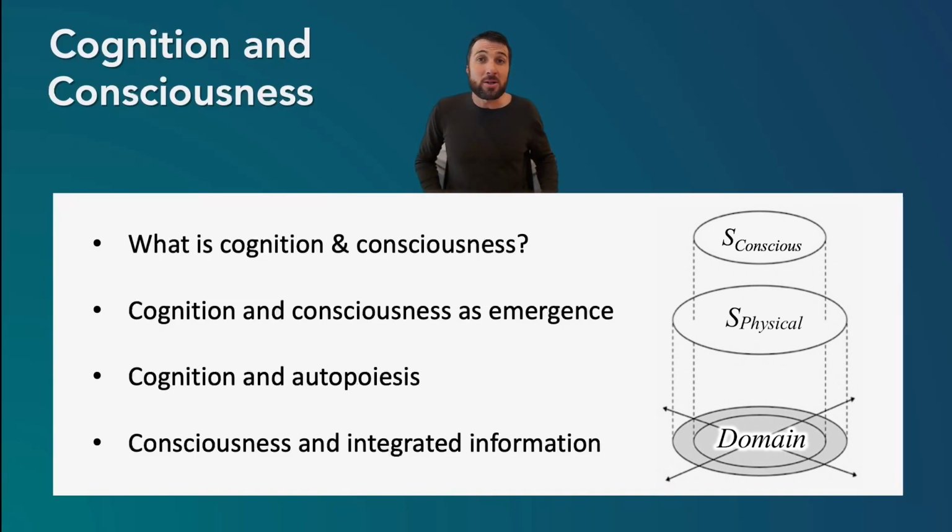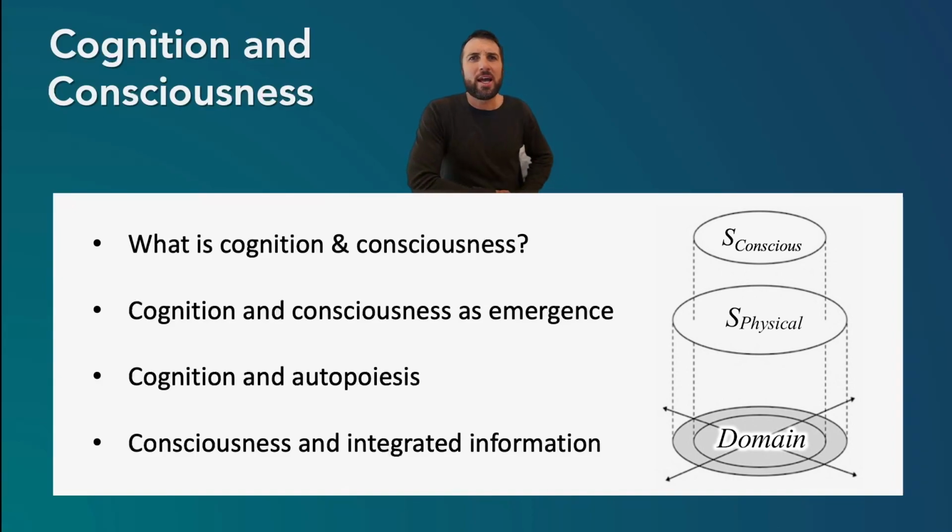Now, there's also another approach to consciousness through autopoiesis. We saw this last chapter about what are the distinguishing quantities and properties of a living system. And this is essentially that a living system is a self-making system. Autopoiesis, basically auto, self, poiesis, making.